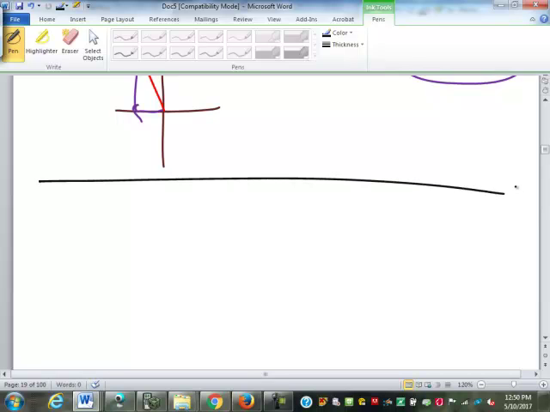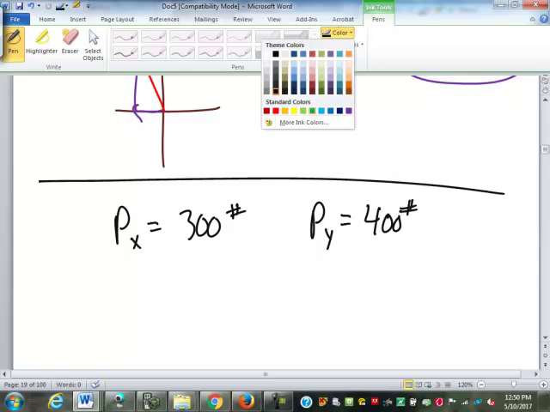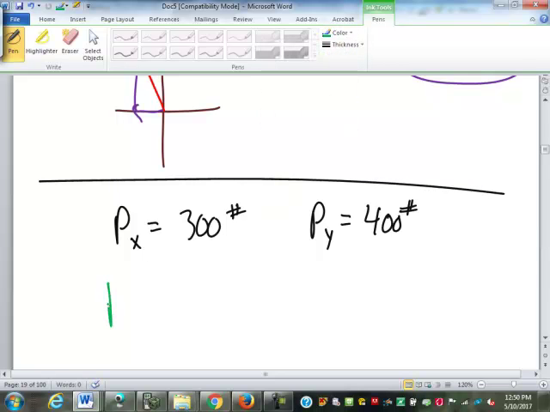Let's say that we are given that Px is 300 pounds and Py is 400 pounds. Let's find the magnitude and direction. Well, the magnitude P is going to be just the square root of Px squared plus Py squared, remember?